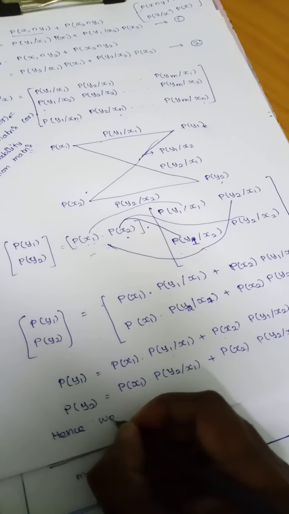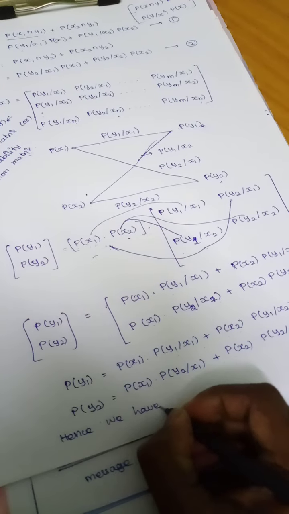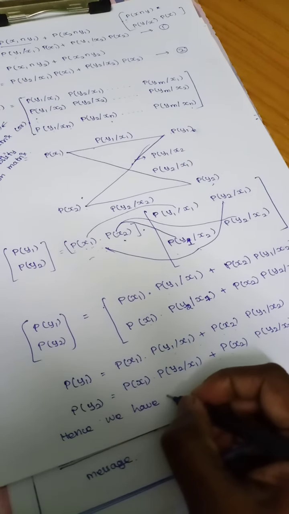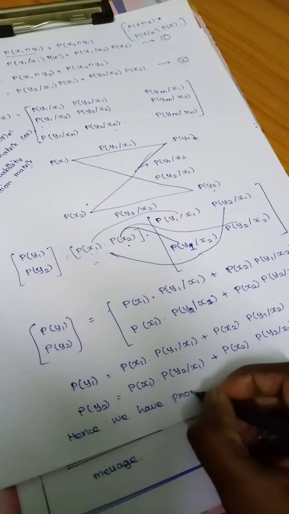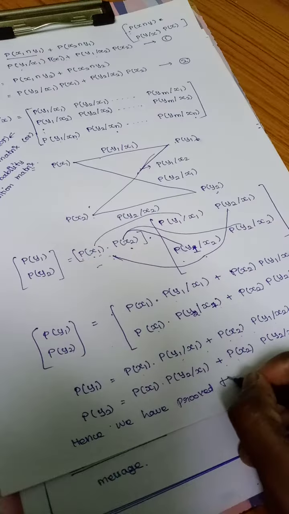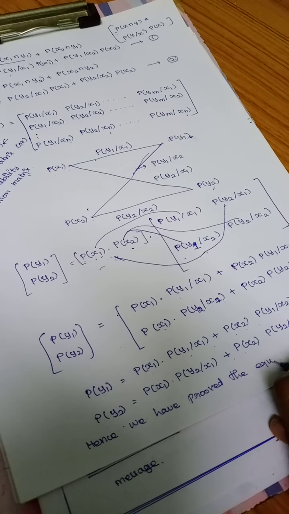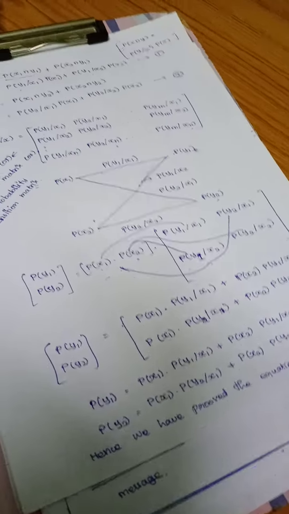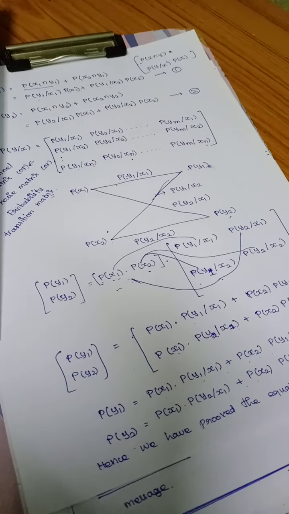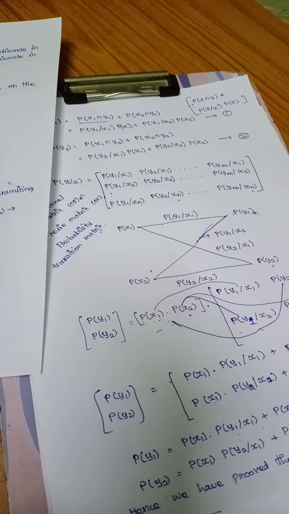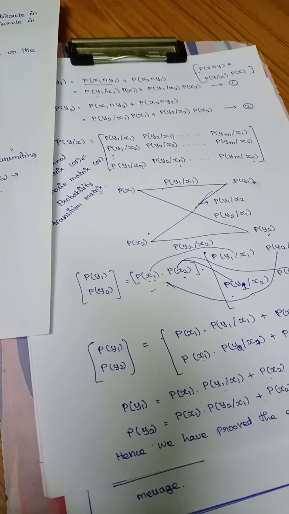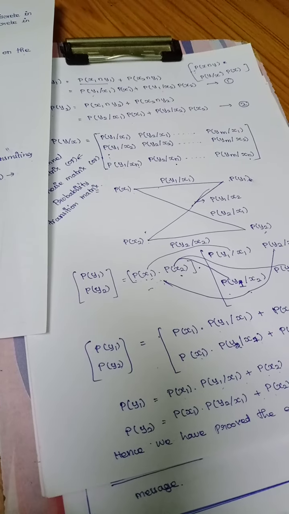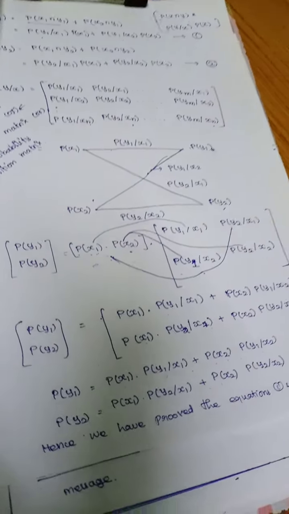Hence, we have proved equations 1 and 2. Okay. So these, in terms of matrix form, are the multiplication of probabilities or the transition probability matrix. Have you all understood about this?